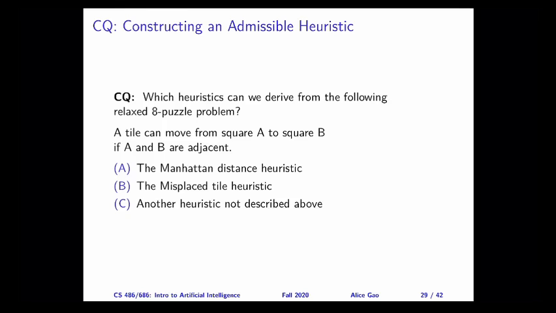In other words, we can move a tile to an adjacent position, but the adjacent position doesn't have to be empty. If we solve this relaxed problem optimally, which heuristic function will we get? Remember that the cost of the optimal solution to the relaxed problem is an admissible heuristic function. Pause this video and solve this yourself. Then keep watching for the answer.